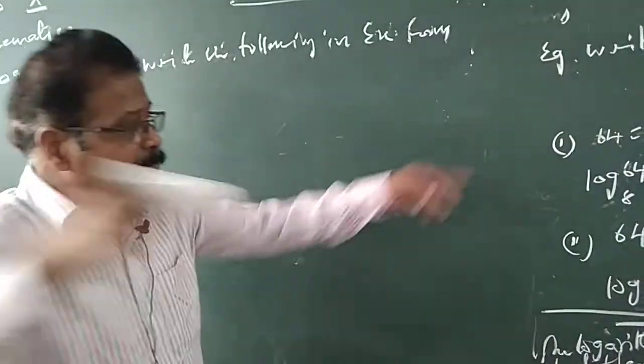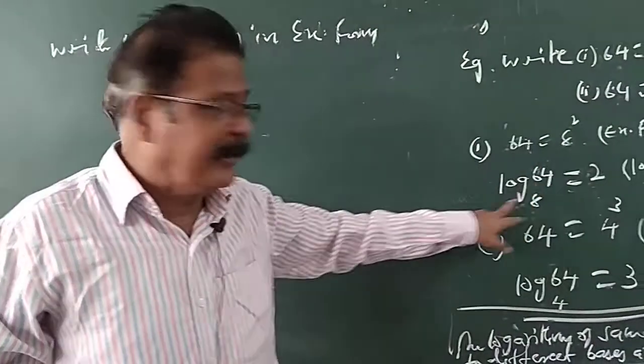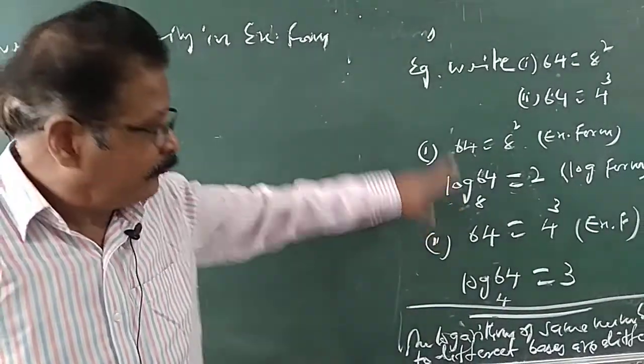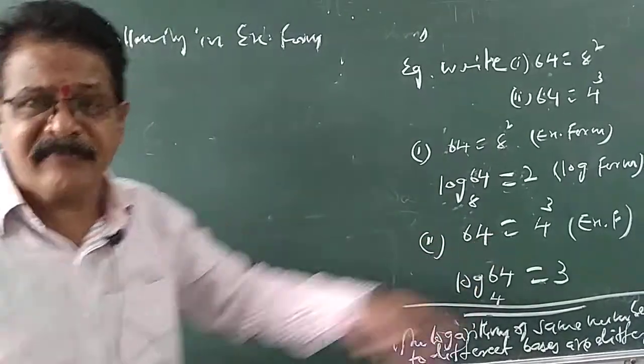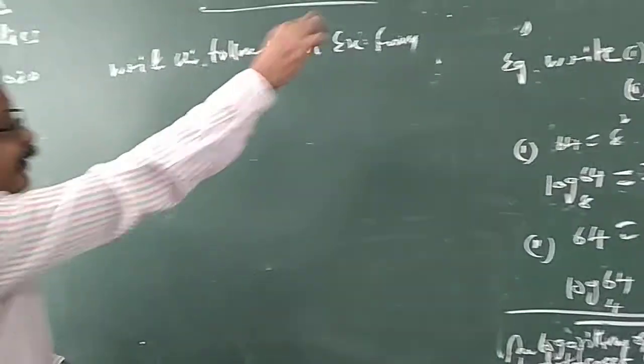In earlier examples, what did you do? They gave the exponential form, and we wrote it in the logarithmic form. From the first lines we observed that the logarithm of the same number to different bases are different. Now write the following in the exponential form.